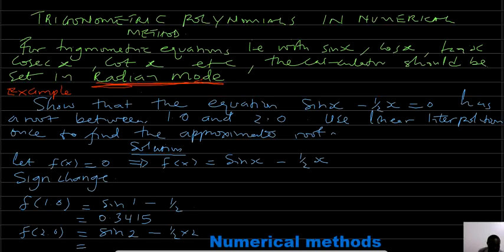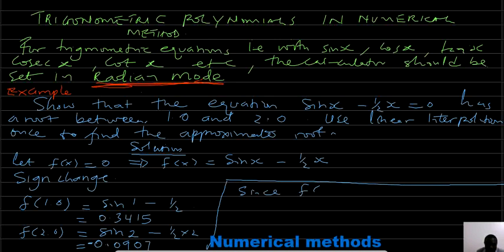Pressing the calculator, sine of 2 minus 1, that gives us negative 0.0907.